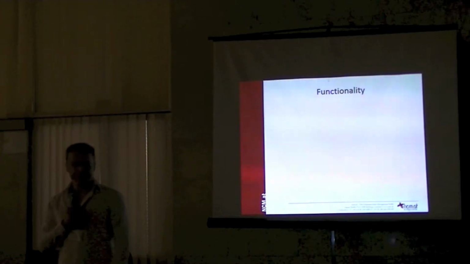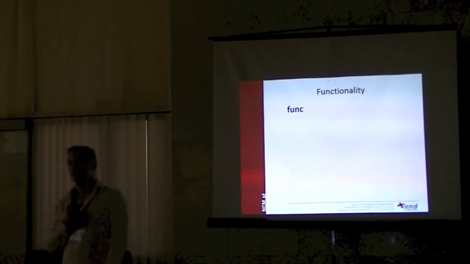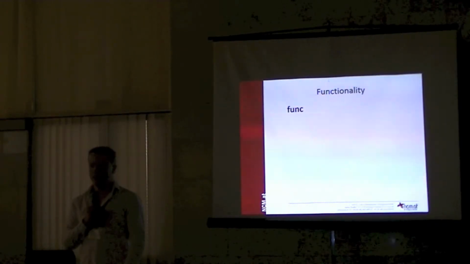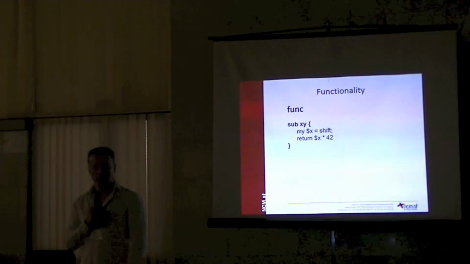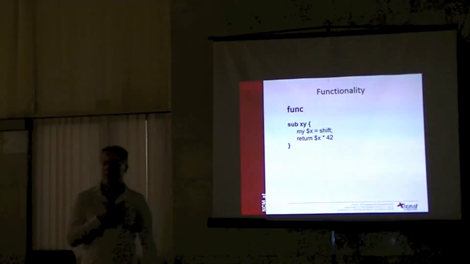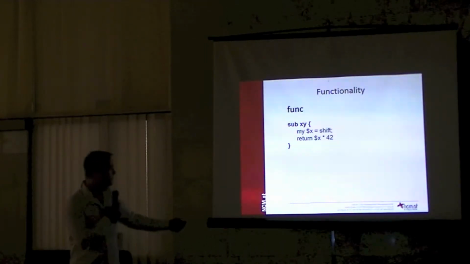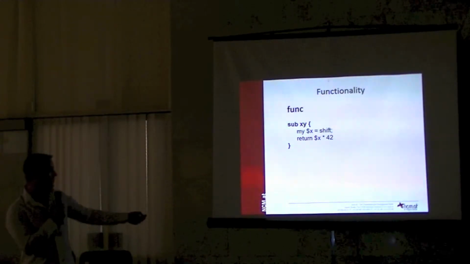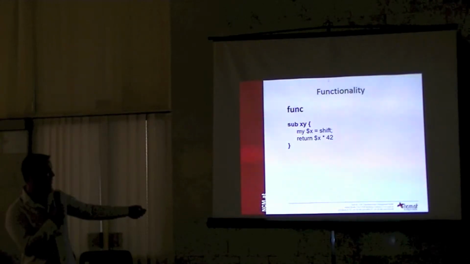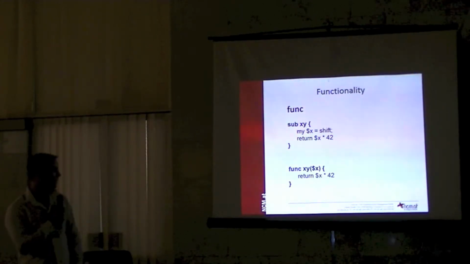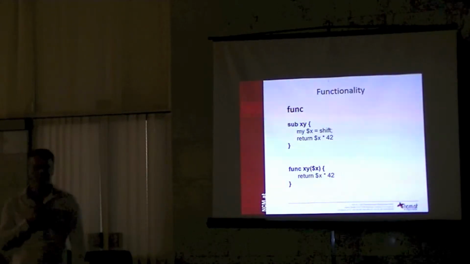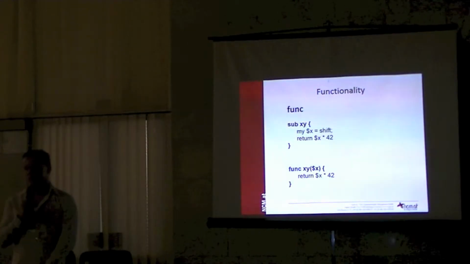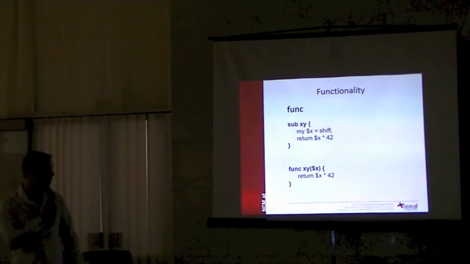So, how does it work? You get two new keywords. The first keyword is named func. So, right now you go and write some subroutine like this, and you see the getting the parameter, you have to do a shift. And with method signatures, you can basically do this, as you remember from C or Perl 6.